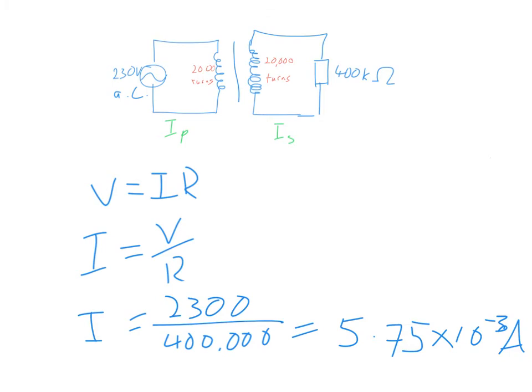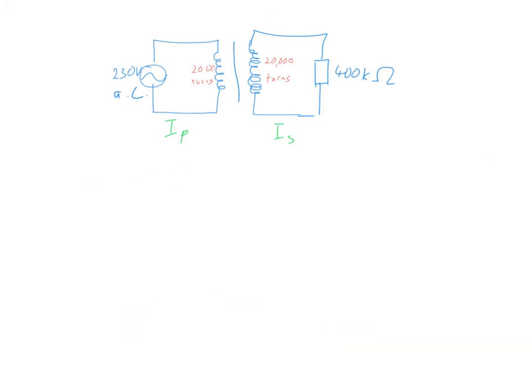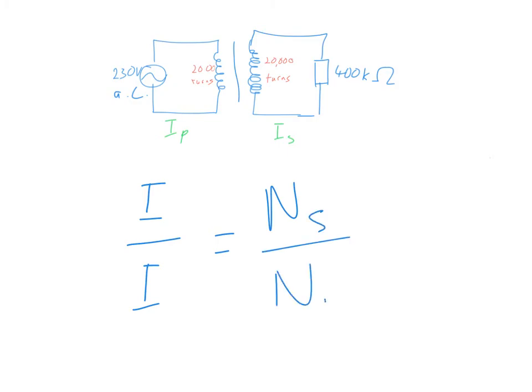Now, in order to get the current in the primary coil, all we have to do is remember our slightly amended formula for the current in a transformer. It's just like the voltage formula, but we just inverted it for current, because if the voltage is going up, the current is going down.